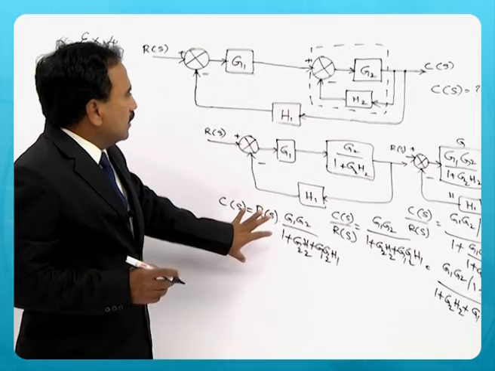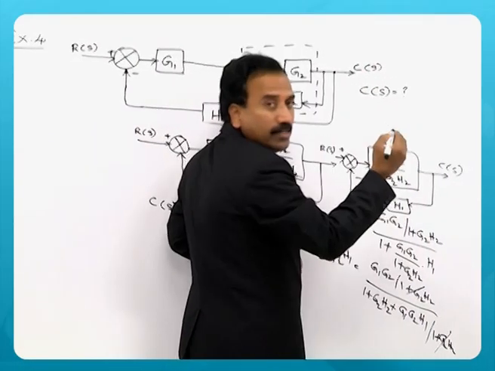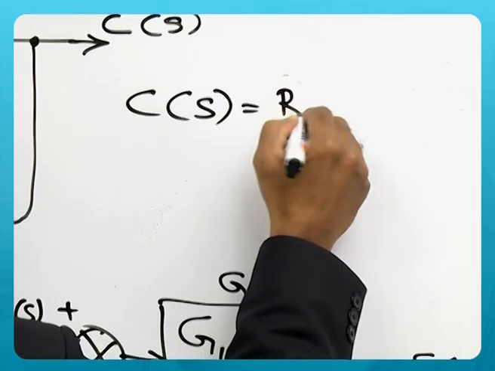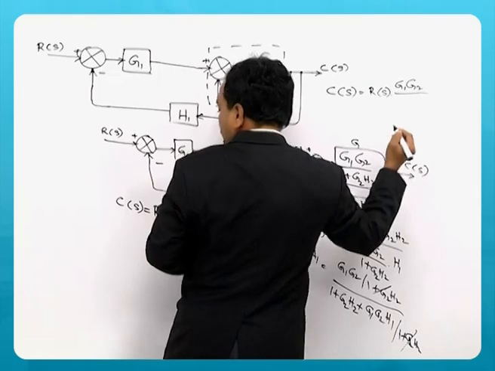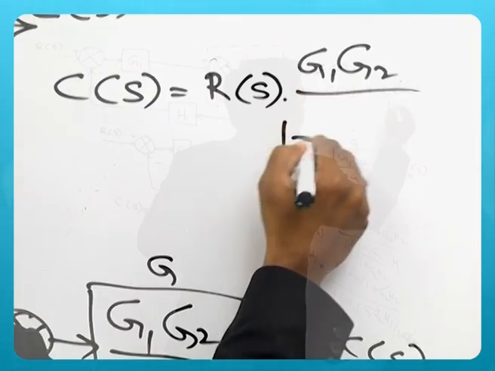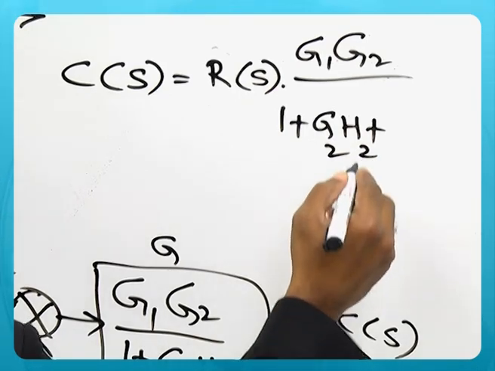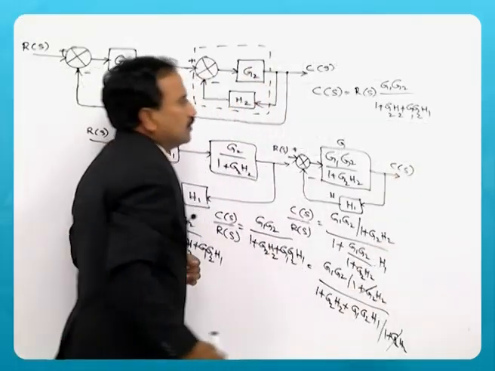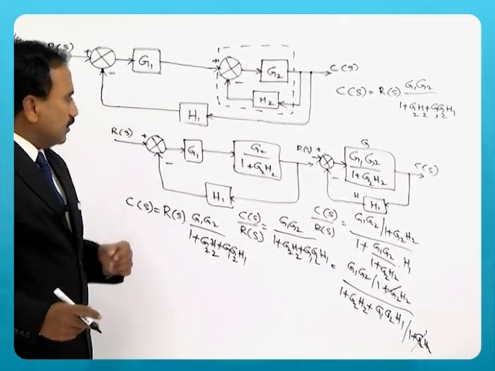So you just keep this separately here. C of S for case 1 is R of S multiplied by G1 G2 by 1 plus G2 H2 plus G1 G2 H1. So this is the response you obtained for R of S ignoring U of S.